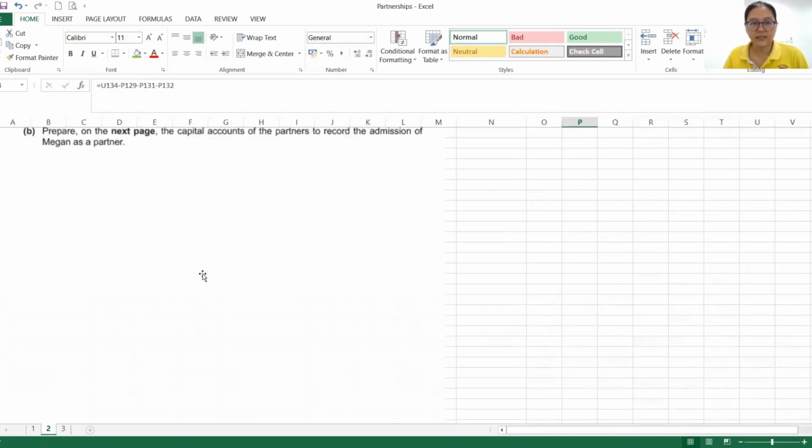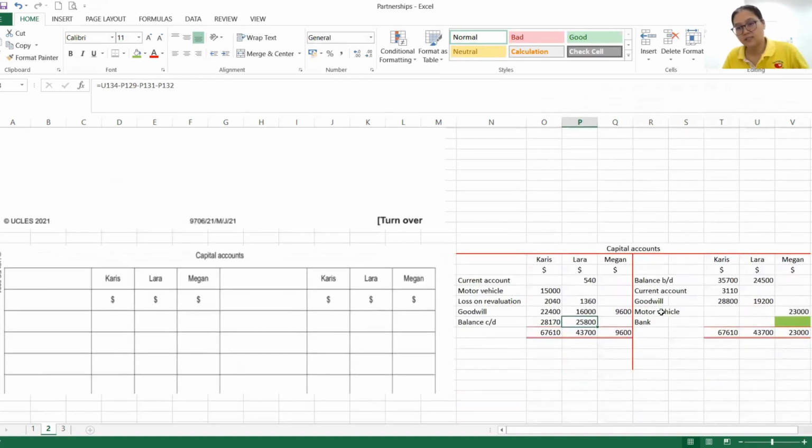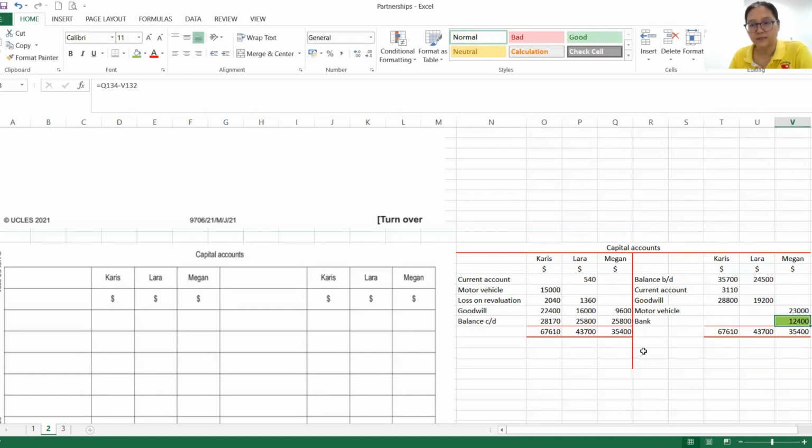And the question says the total capital equals Lara's, which means that this amount for Megan must be the same as this. So to find the cash, we take the debit minus the credit. So we get this amount, the bank amount will be 12,400. So complete the account, balance brought down, balance carried out. So we are done with the capital account.